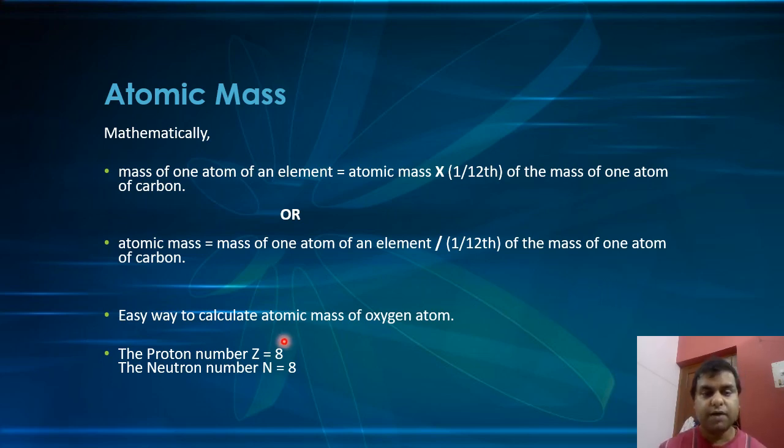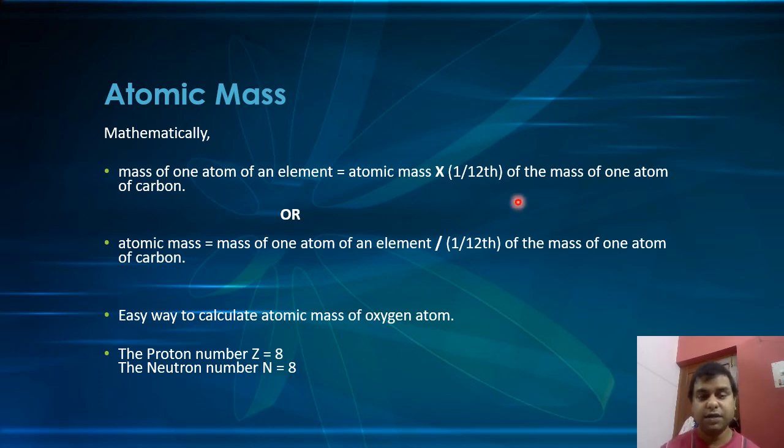Now this is how they do it, but for us at this level we can do it very easily. It is actually an approximation, not 100% accurate, but very close to that accuracy. If we know the protons and the neutrons of an atom, then we can calculate the atomic mass of an atom.